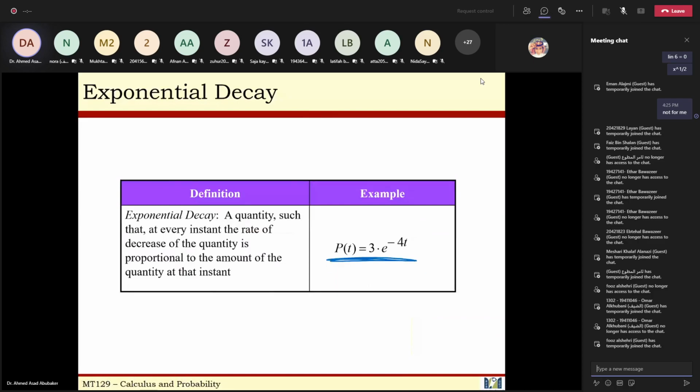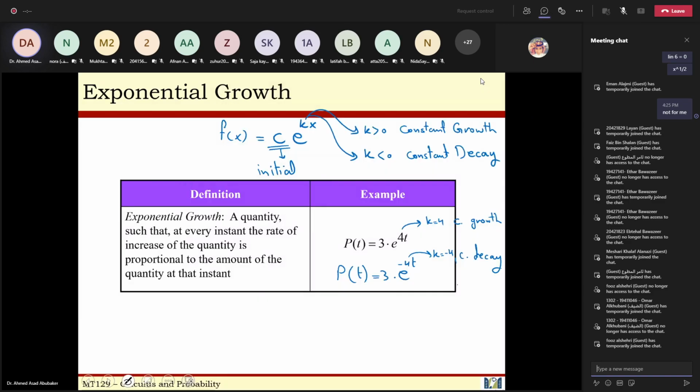Okay, this is the constant for decay, so the k is negative. Also we have B prime of t or f prime of x, and we have two types.